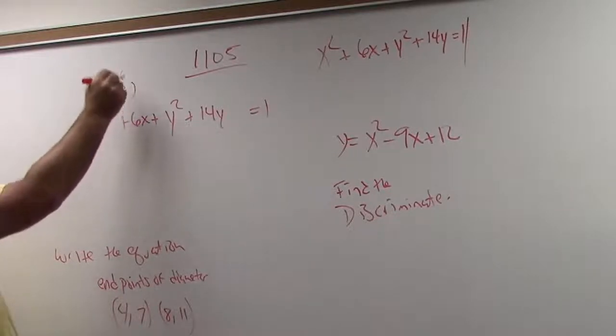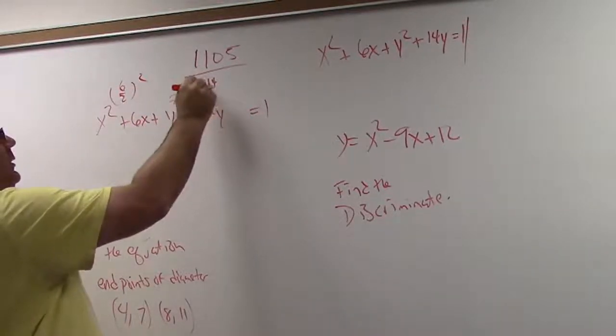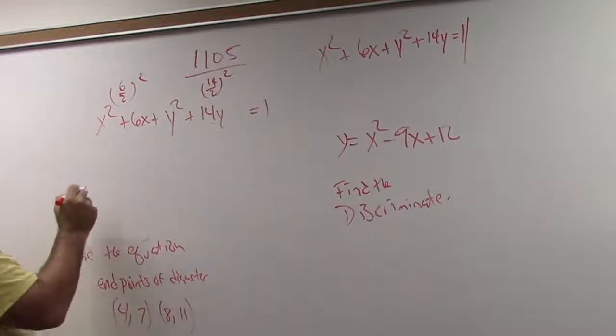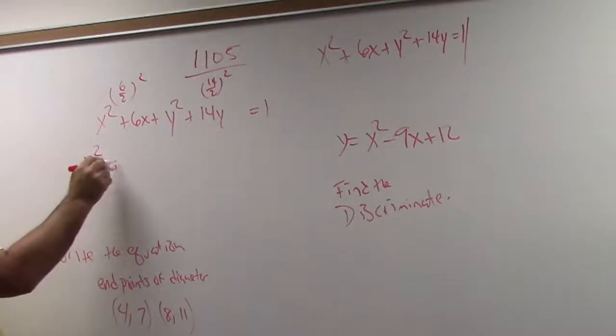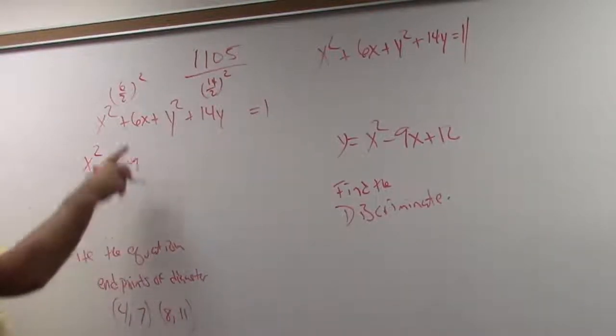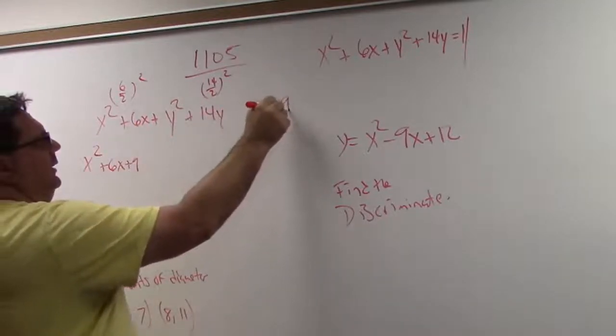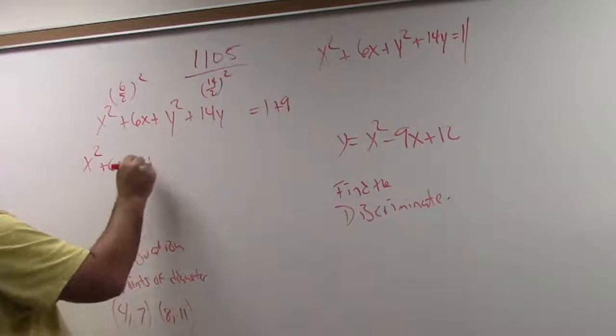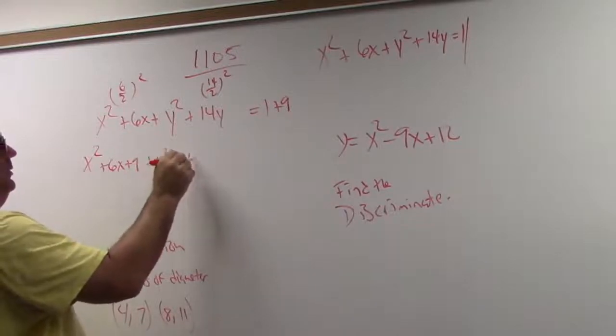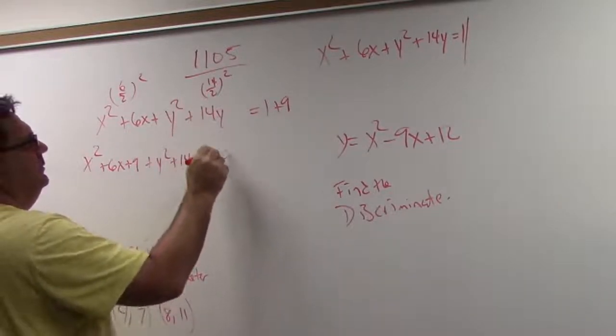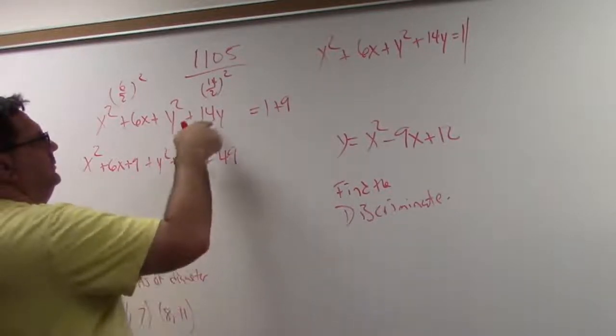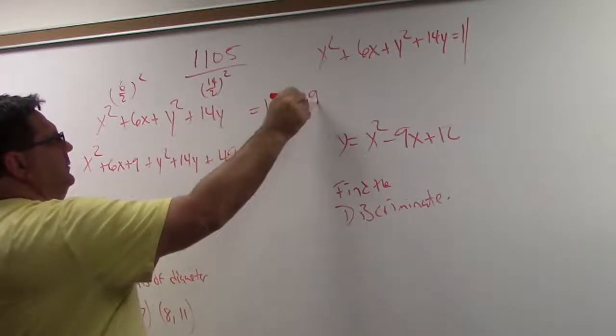Cut it in half, square it. Cut it in half and square it. x squared plus 6x plus 9. If we add 9 here, we also have to add 9 there. y squared plus 14y plus 49. Add it here.